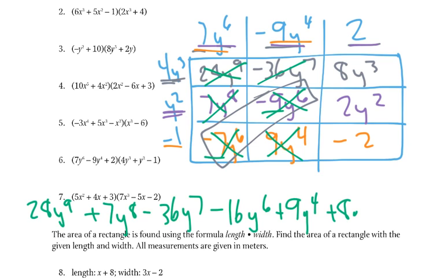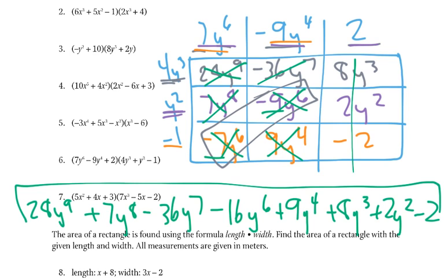Then 8y cubed, 2y squared, and negative 2 for the end. So a massive, ugly-looking guy, a degree of 9, terms 1, 2, 3, 4, 5, 6, 7, 8. Okay, that would be like an octanomial, fancy polynomial with 8 terms in it. And there we go. Pretty crazy, huh?